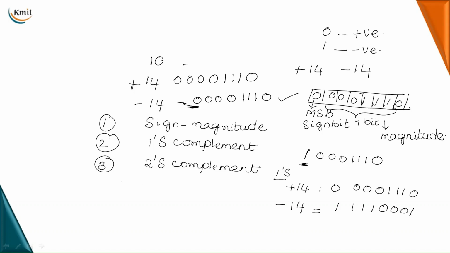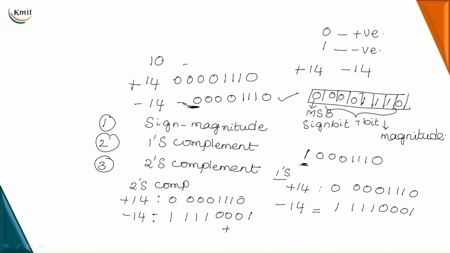So next, coming to a two's complement representation. When it comes to two's complement representation, the plus 14 will be the same. So it is represented as 0, 0, 0, 0, 1, 1, 1, 0. When it comes to minus 14, you have to perform plus 14's one's complement, and then add 1 to it. So it becomes 1 1 1 1 0 0 0 1.